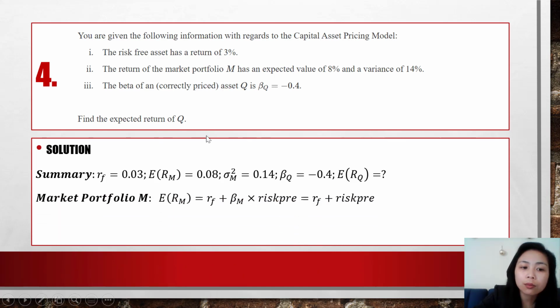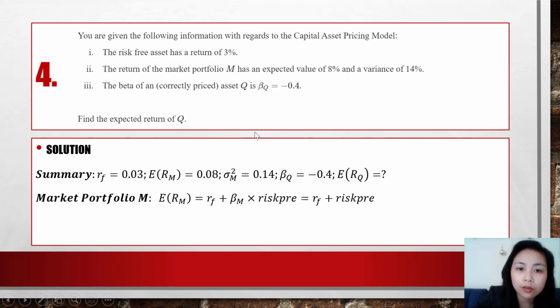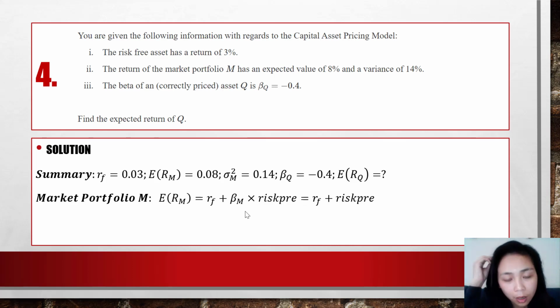So here, let's look at the market portfolio M first. Of course, the market portfolio is also on the security line, right? So we are going to use the security line equation for both market portfolio and portfolio Q. For the market portfolio, the expected return of the market portfolio is equal to RF plus beta M times risk premium of the market. Remember that beta M is equal to 1 because it measures the risk of the market toward the market, so it should be 1, right?